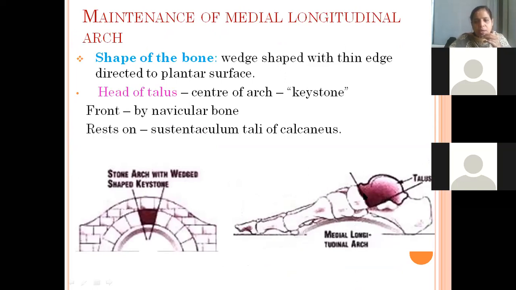So the head of the talus is the center of the arch, when you consider this medial arch. That's why it is the key bone, the keystone, in front of which we have the navicular. That's the reason the main joint you have here is the talo-calcaneo-navicular joint. We have three bones meeting at a point.